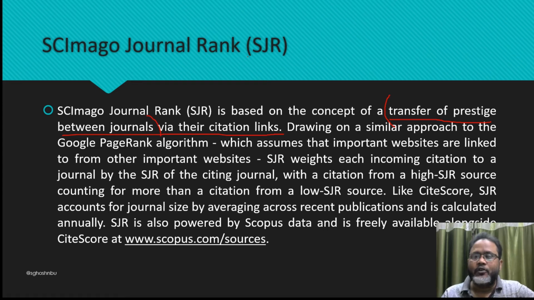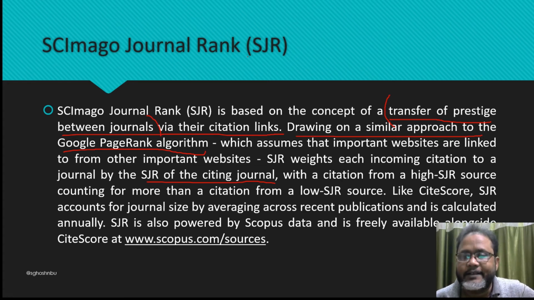Drawing on a similar approach to the Google PageRank algorithm, which assumes that important websites are linked to from other important websites, SJR weights each incoming citation to a journal by the SJR of the citing journal, with a citation from a high SJR source counting for more than a citation from a low SJR source.